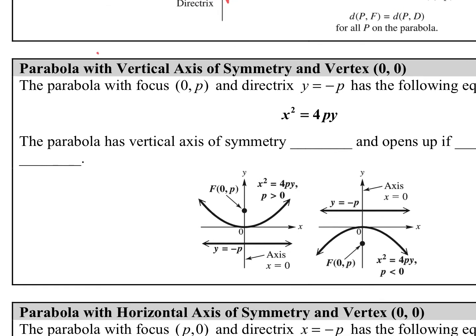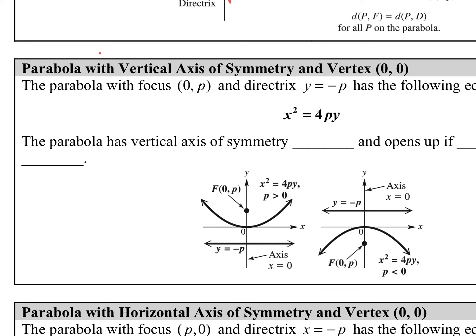The parabola with a focus at (0, p) has a directrix of y equals negative p, because you went down. Obviously, this is going up p distance to get to the focus, down p distance to get to the line. And so if we were at the origin, obviously negative p would be the equation.